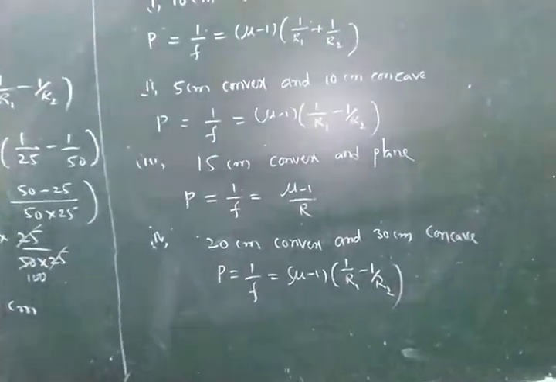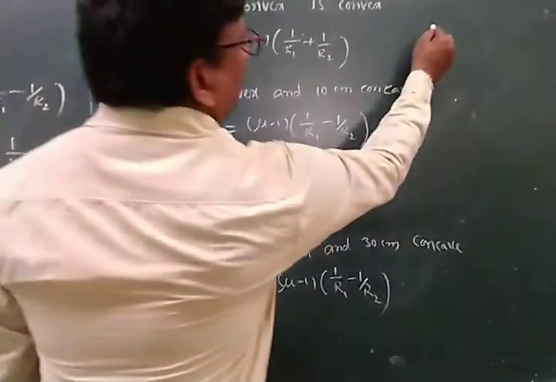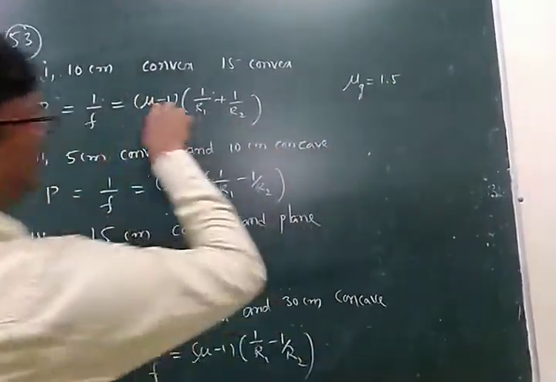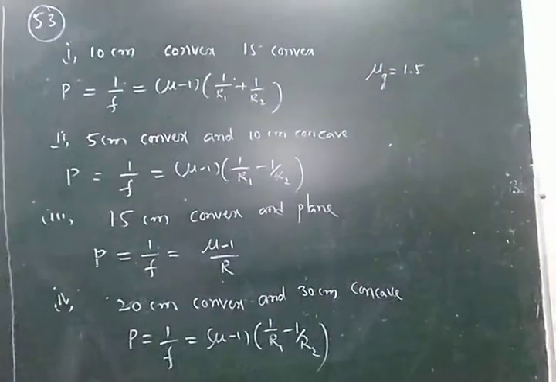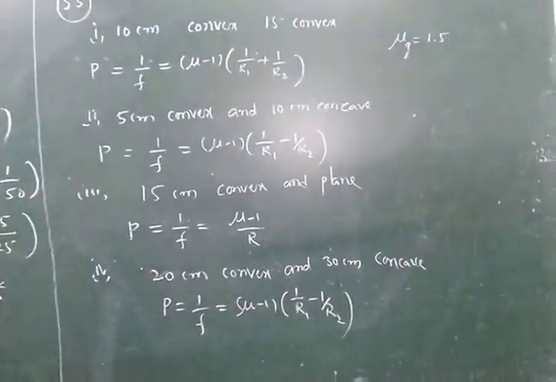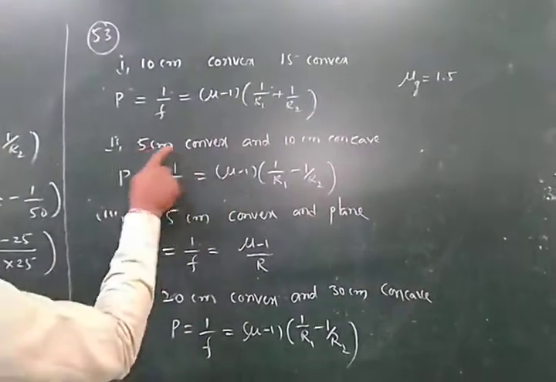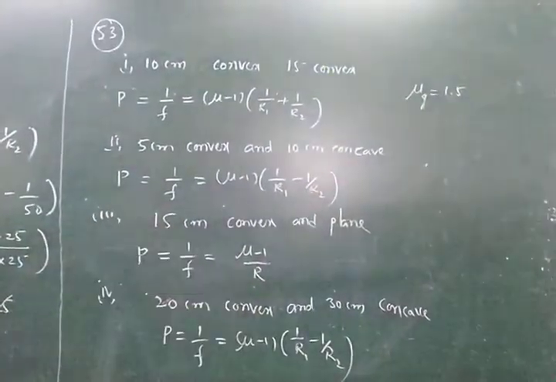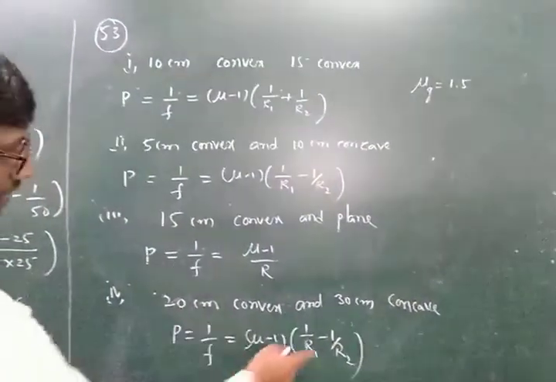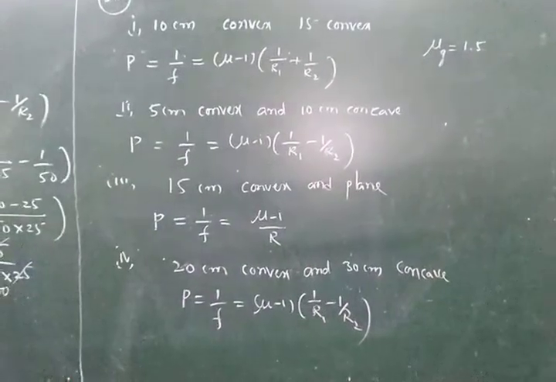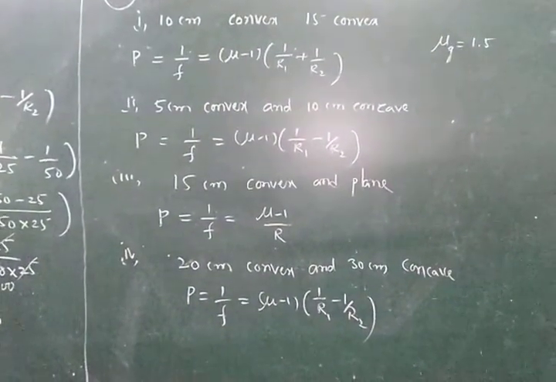Here the glass has a refractive index equal to 1.5. Using the values of 1.5, and the values 5 and 10, the r will be only 15, and here 20 and 30, we substitute and get the highest value, which is the greater power.